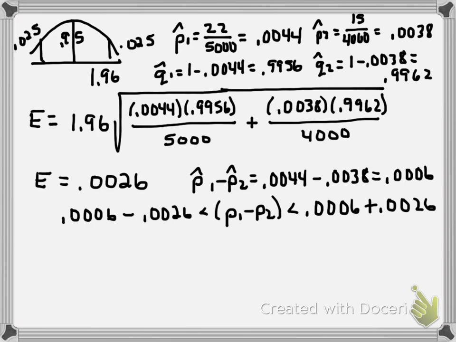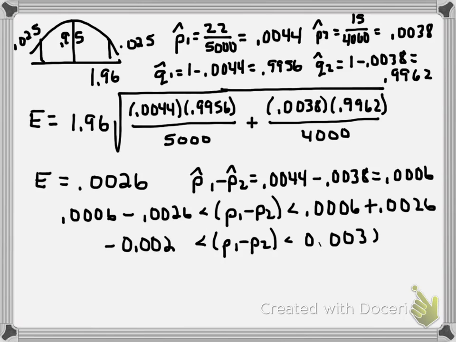So do the subtracting, do the adding, and remember to round to 3 significant digits, and you should have negative 0.002 on the left. And on the right side, you should end up with 0.0032.